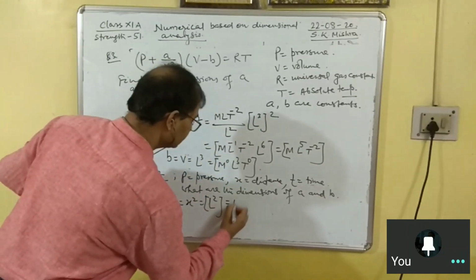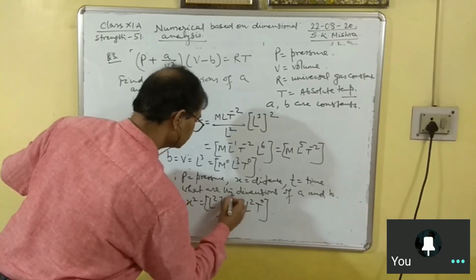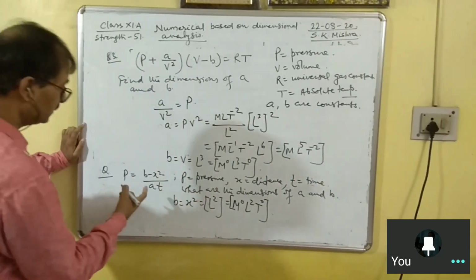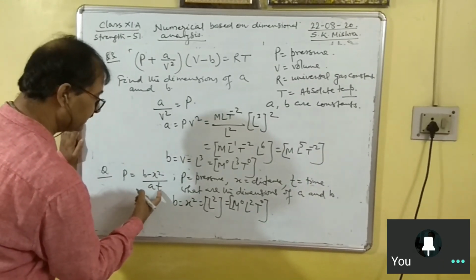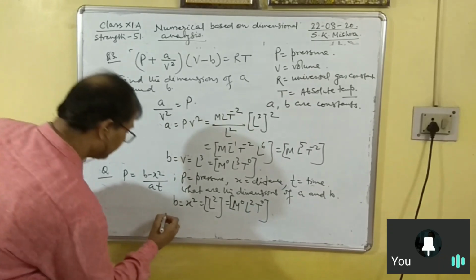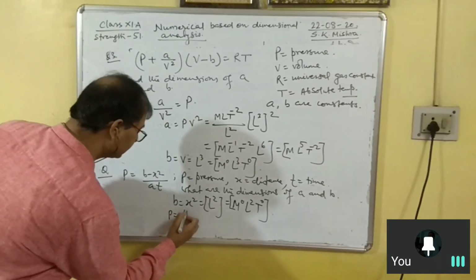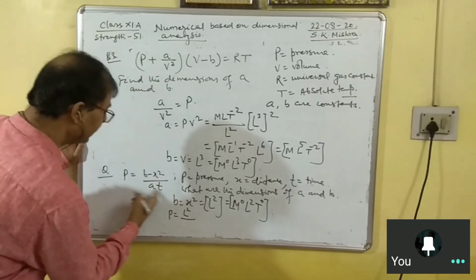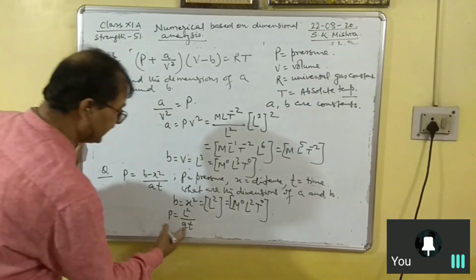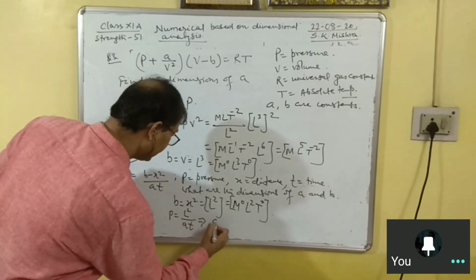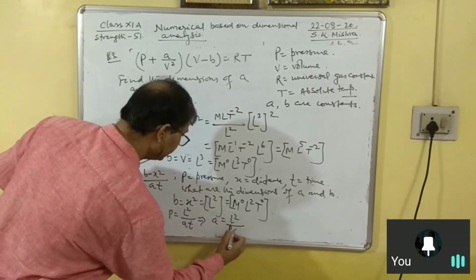Now this is L square divided by A T, equal to pressure. So pressure P has the dimension of L square divided by A into T. From here you can find A. This implies A equals L square by pressure into time.